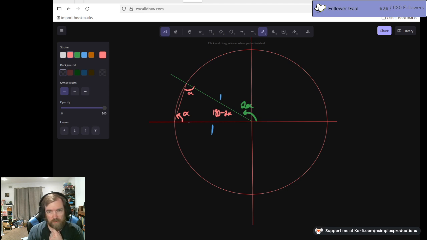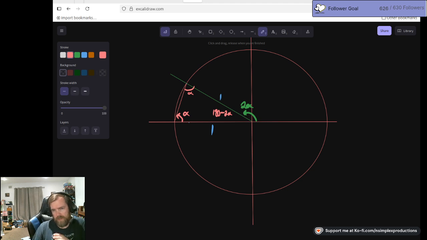Now we want to know, right, 2 alpha is the entire central angle.